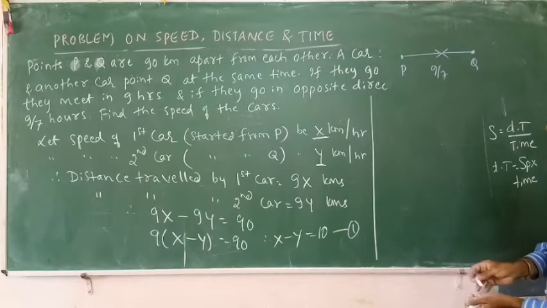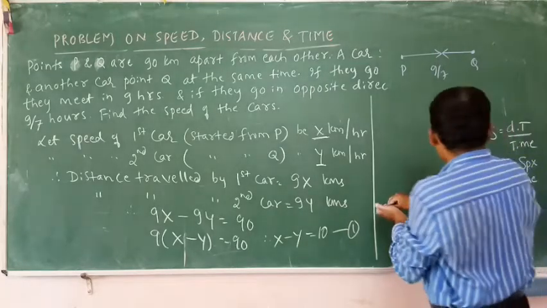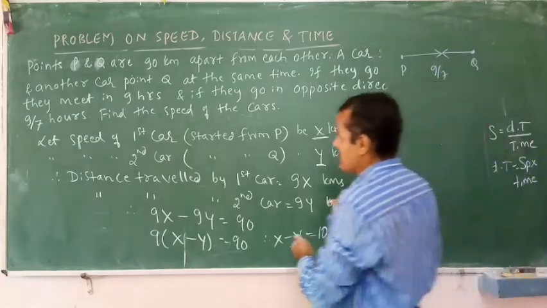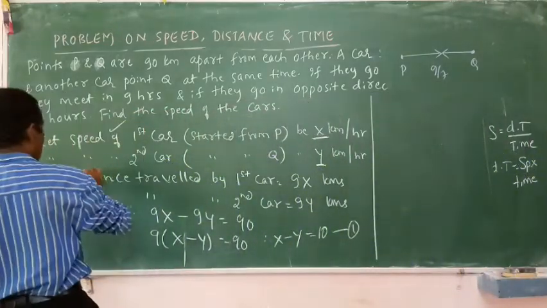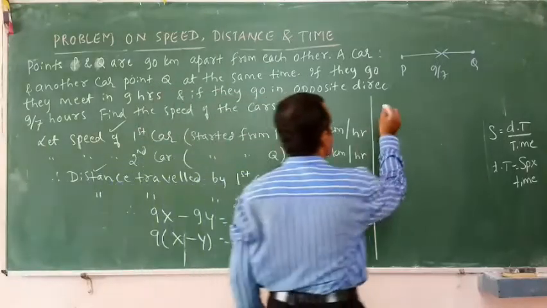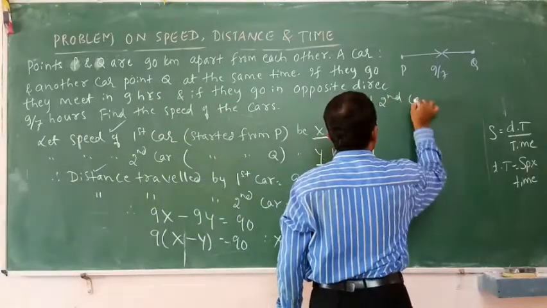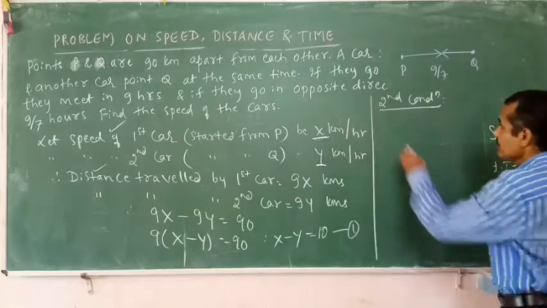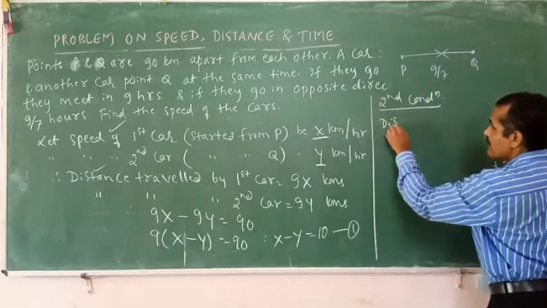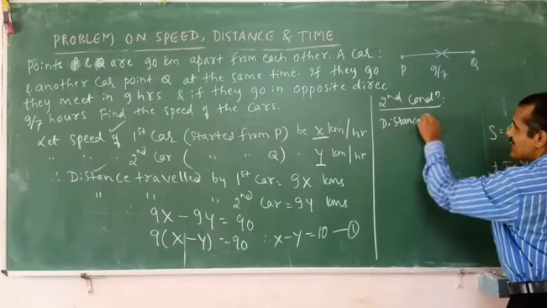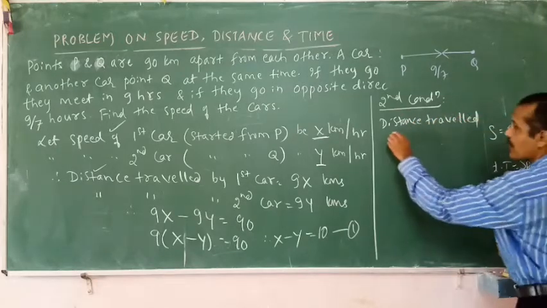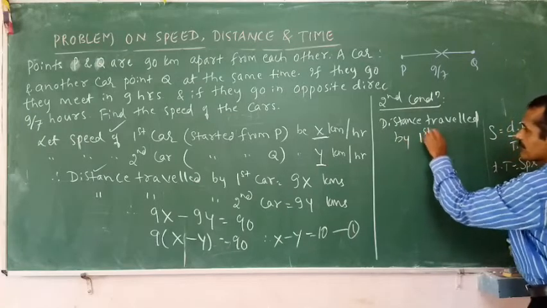How to start now? Listen here, students. I can write, speed is safe. I can say, second condition: distance traveled by the first car.